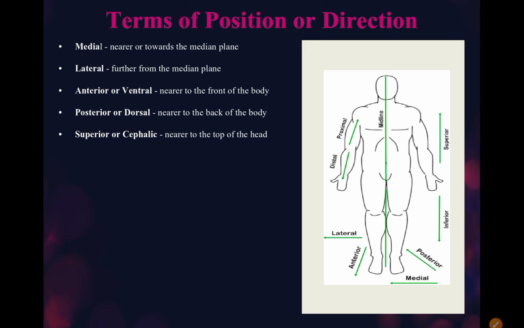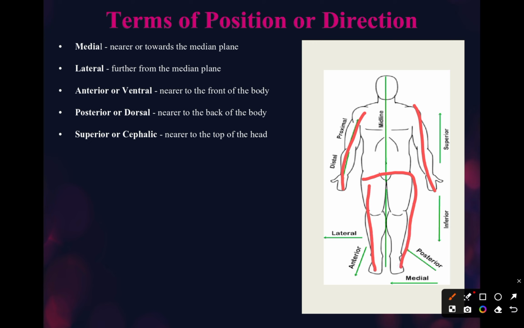Example, the upper limbs are more superior to the lower limbs. When I talk about the upper limbs, I'm talking about from this region here. And when I'm talking about the lower limbs, I'm talking about from this region here. As you can see, the upper limbs are above the lower limbs.